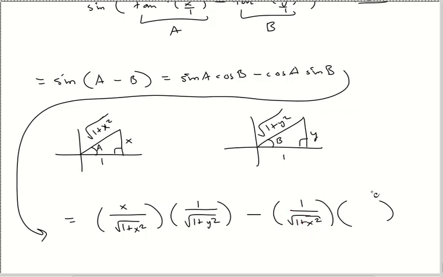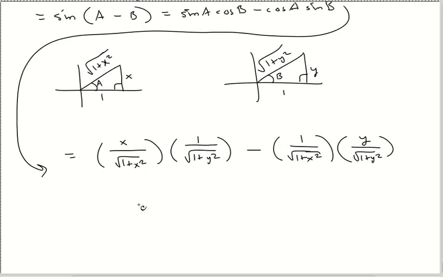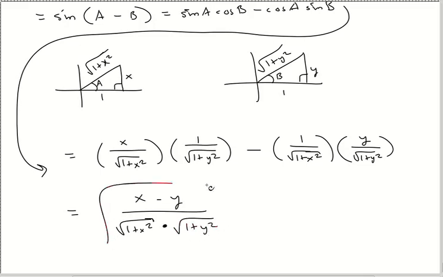And then sine of B is going to be opposite over hypotenuse. Awesome. Well, that should do it, but I'm going to go ahead and simplify a very tiny bit. I'm going to multiply it by another one, and that's it. You could go further. I don't think you need to.